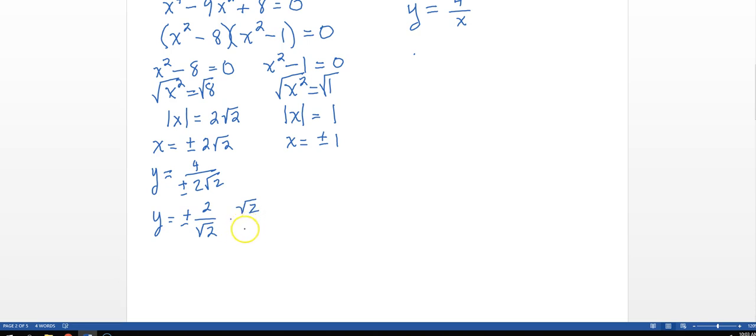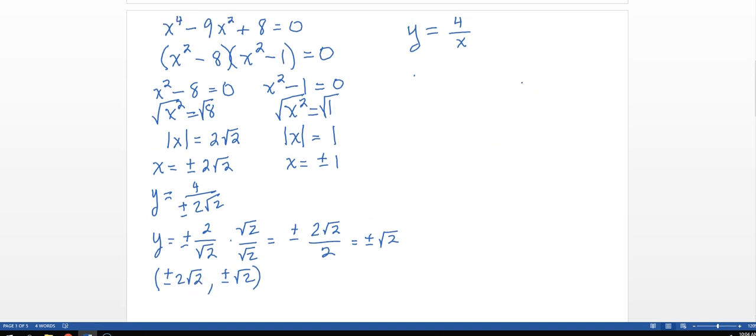Rationalizing the denominator, multiplying the top and the bottom by root 2, I get plus or minus 2 root 2 over 2, which simplifies to plus or minus root 2. So I have two solutions: x is plus or minus 2 root 2, and y is plus or minus the square root of 2. And now I do the same thing for x is equal to plus or minus 1.